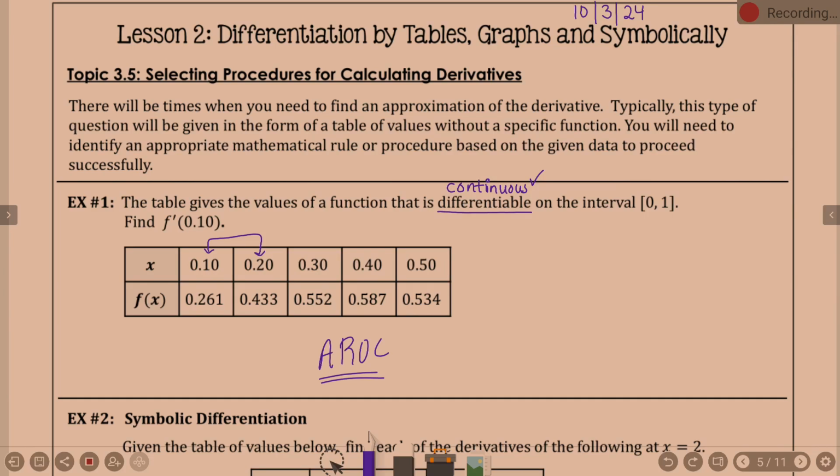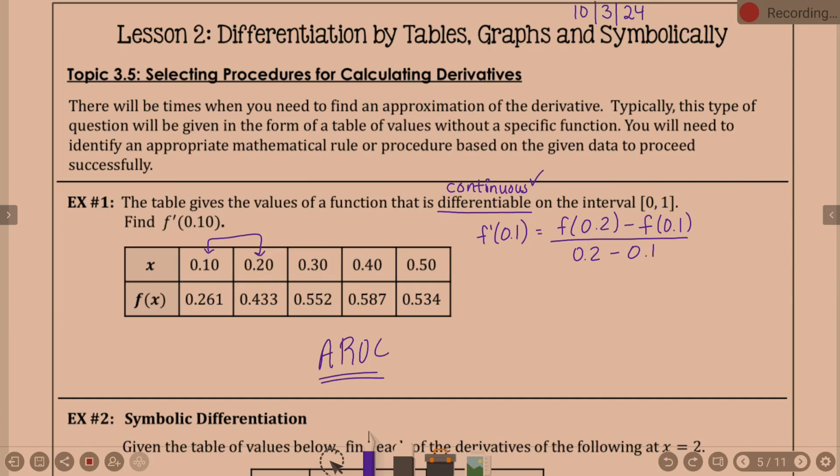Okay? So, with that in mind, f prime of 0.1. In order to do this, I'm going to do f of 0.2 minus f of 0.1, all divided by 0.2 minus 0.1.